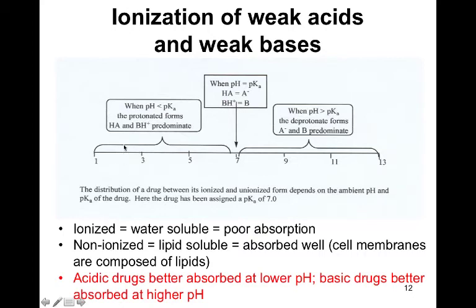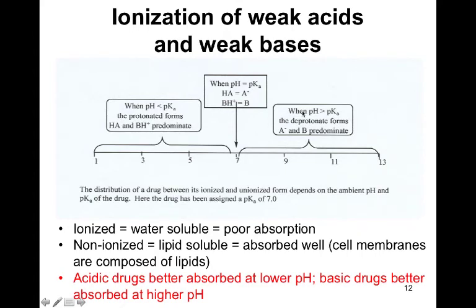In other words, there is an abundance of protons. So because there is an abundance of protons, these protons are going to latch onto whatever they can, and they are going to protonate the compound. So therefore, when the pH of a particular medium is less than the pKa of the particular drug, it is always the protonated form that is going to predominate.